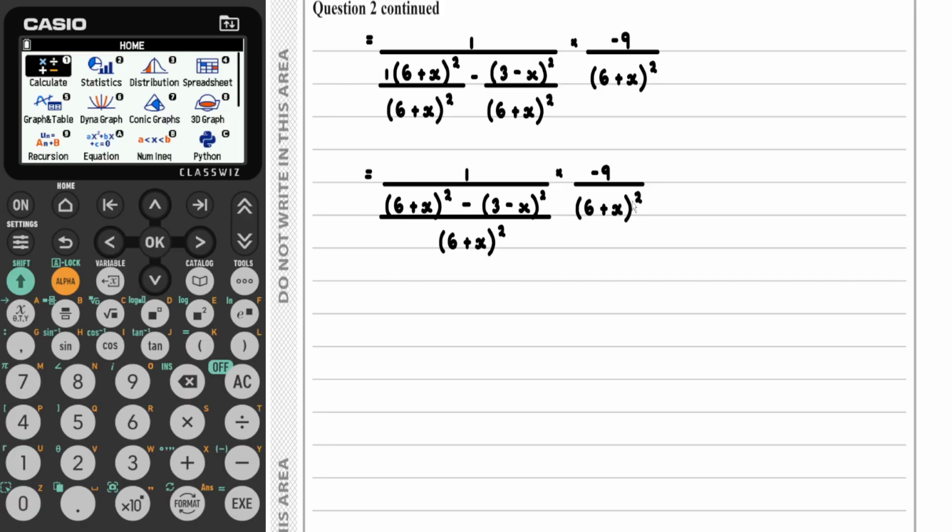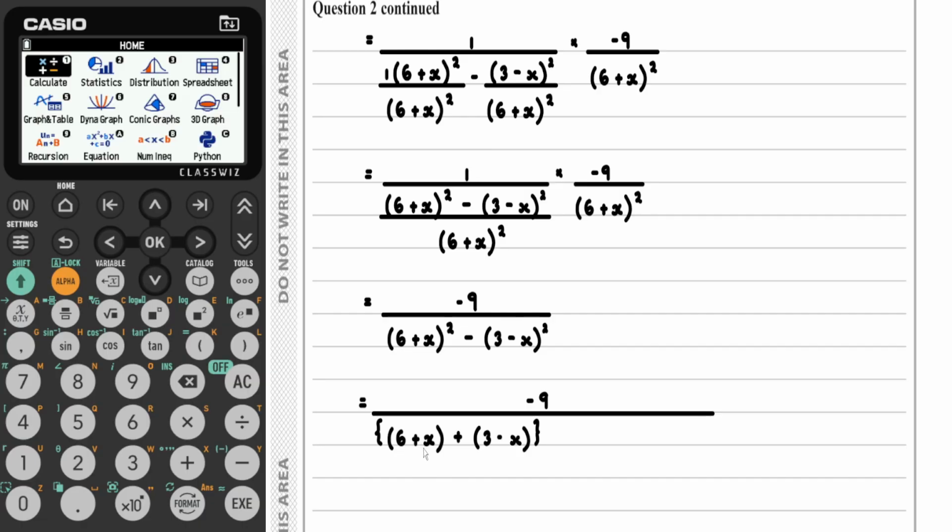The (6 plus x) squared and this (6 plus x) squared simplify to 1. We've got 1 multiplied by negative 9, and so we end up with negative 9 over (6 plus x) squared subtract (3 subtract x) squared. You'll notice for the denominator we have a difference of 2 squares, so we have negative 9 over (6 plus x plus 3 subtract x) multiplied by (6 plus x subtract 3 subtract x).